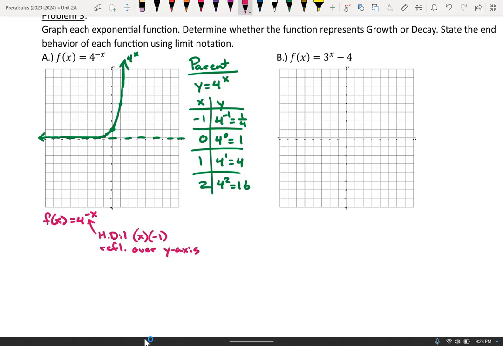So that's the only transformation that we have, so that's the one we do. So all our points are going to move across the y-axis. So I have that one there, that one stays put, and that one moves over. And that's the only transformation I have, so I'm going to go ahead and draw my graph.